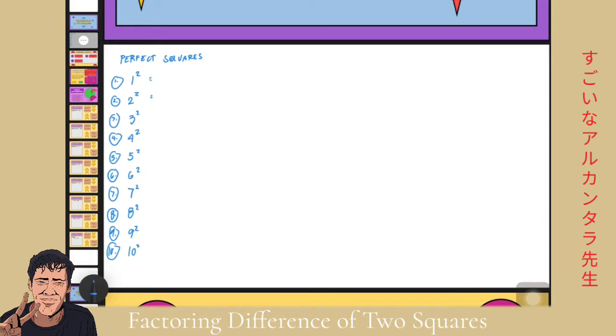These concepts were introduced beforehand when it was discussed to you, the concepts of exponents, and at the same time perfect squares.